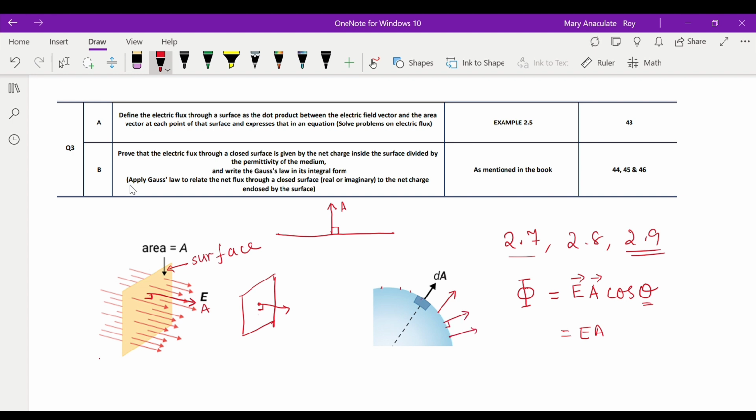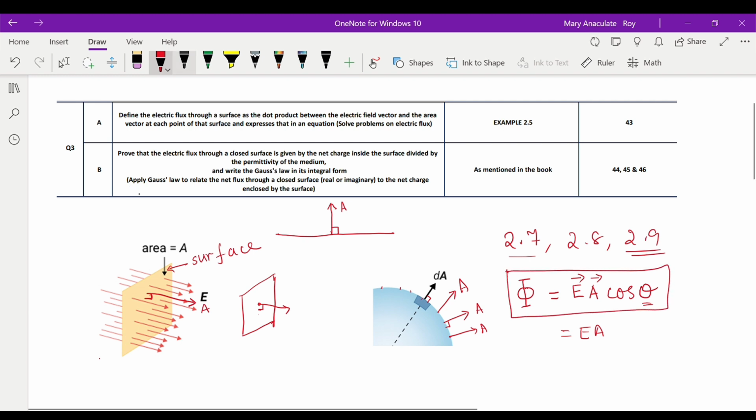You can see it's already marked here. So it will make 90 degrees and it comes out of the surface. That's the area vector. Then you need to compare this area vector with the electric field direction and identify the angle between the two, and you will apply that angle as theta. So that is about electric flux.